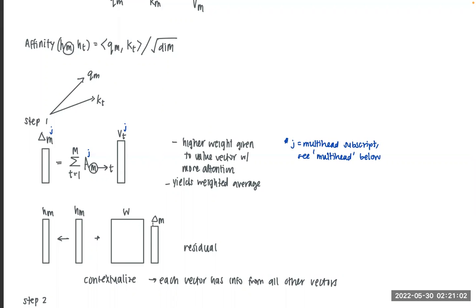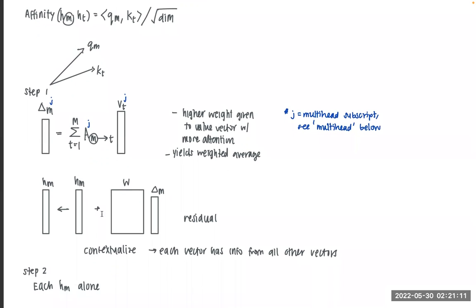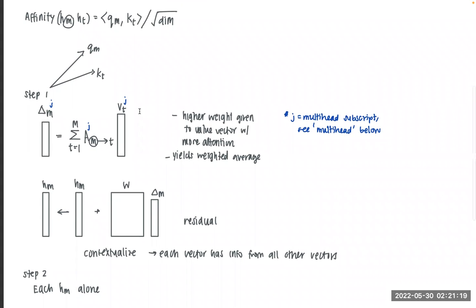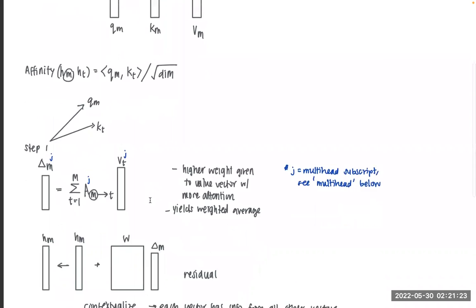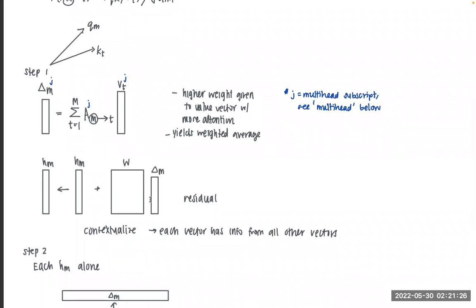And then you use this delta M to determine how much change you make. So this way, you see HM collects messages or information from other vectors through this self-attention mechanism. This whole thing is called self-attention. And then it helps to contextualize this vector, so that this vector collects information from the vectors for other words.